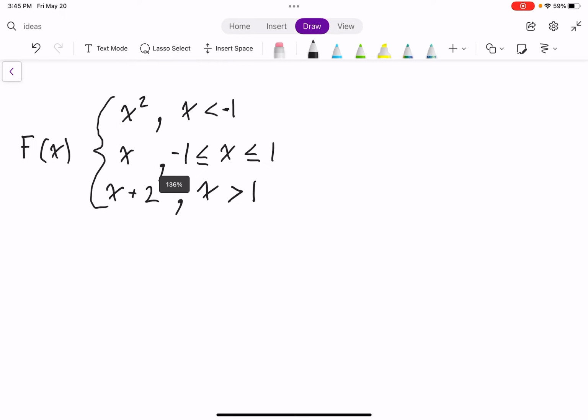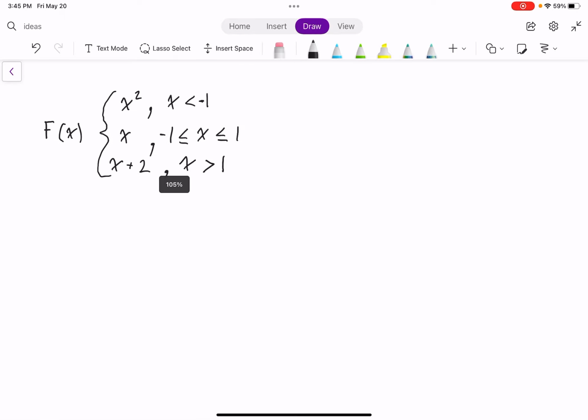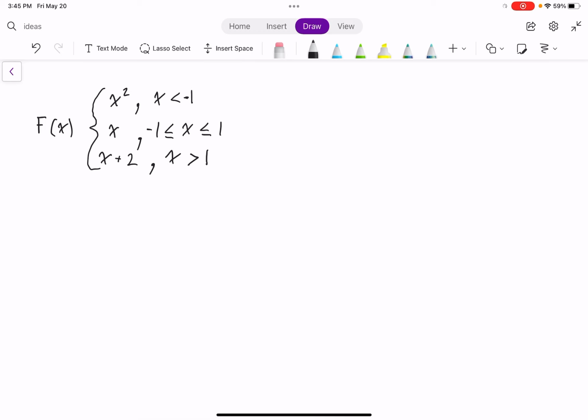Most piecewise functions, this is just an example, will look something like this. Some of them, instead of having a comma, will say if x is greater than 1, but some will just have a comma in their notation like so.